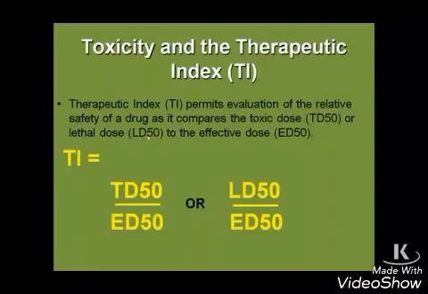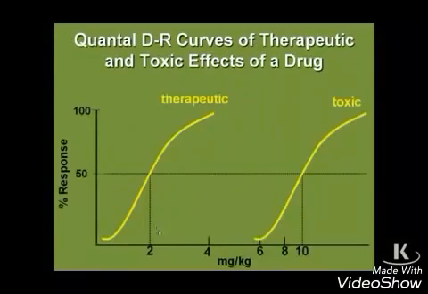Rarely, of course, in animal models, we might perhaps look at an LD50, the lethal dose in 50% of the population, and compare that to the effective dose 50. So most often, this is the equation that you're going to use. The therapeutic index is the TD50 divided by the ED50.